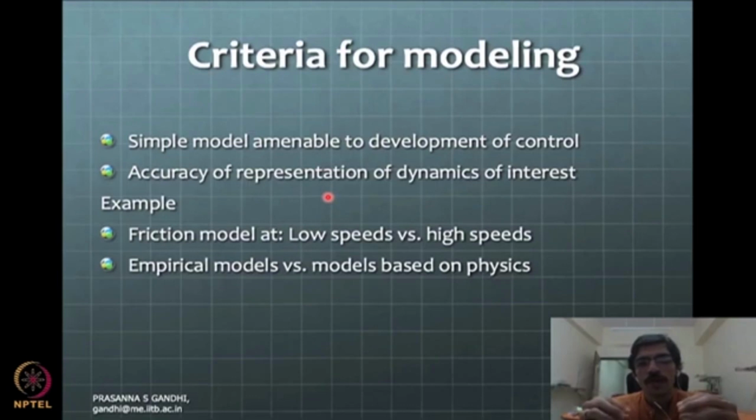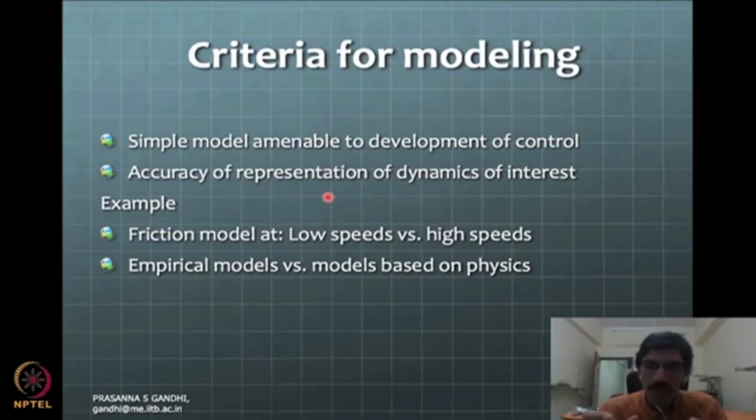I mean, these models will not help us so much for development of control. So in that case, we'll consider some empirical models, where I consider the overall resistance of the friction, or of the air, to be some kind of nonlinear air friction, and that becomes an empirical model.